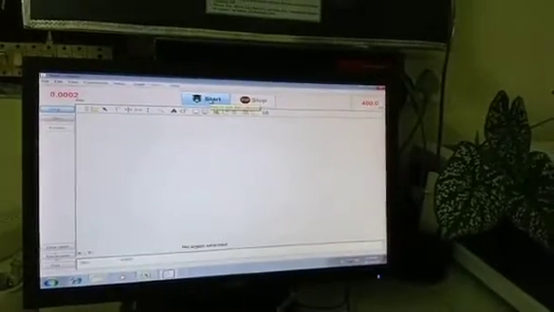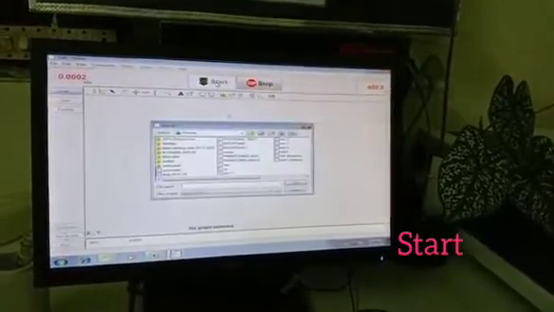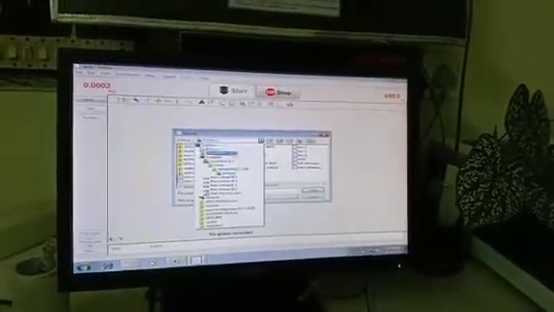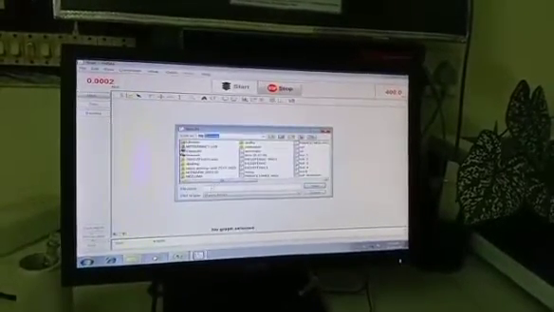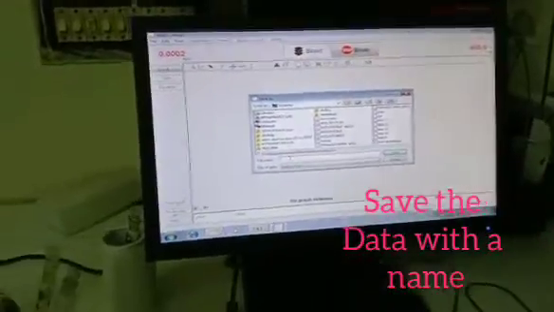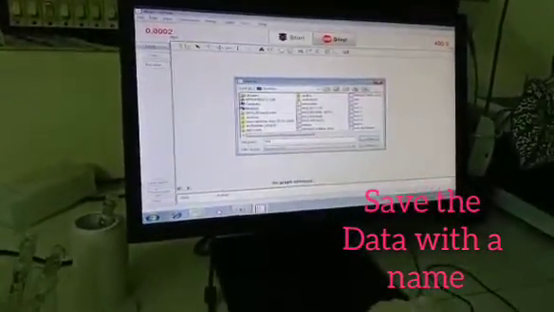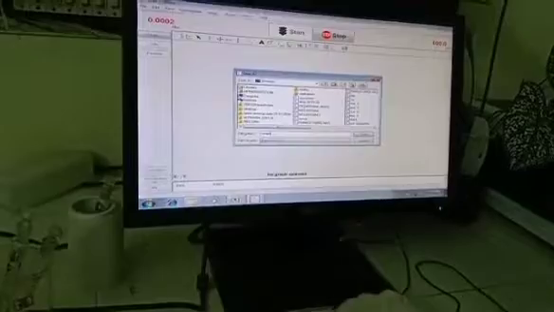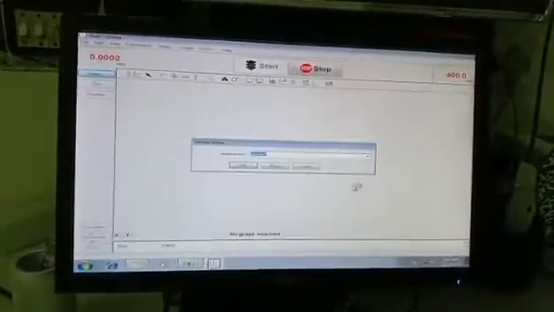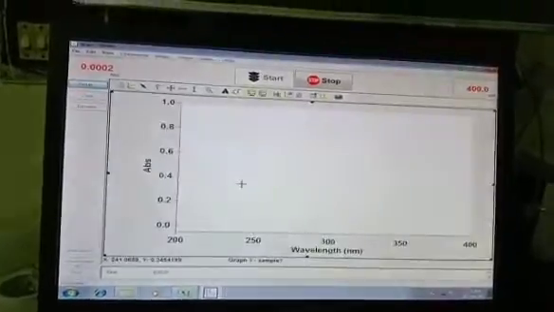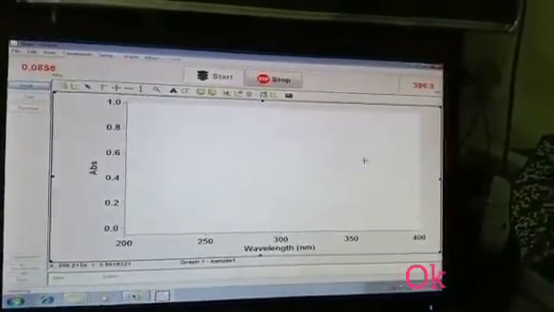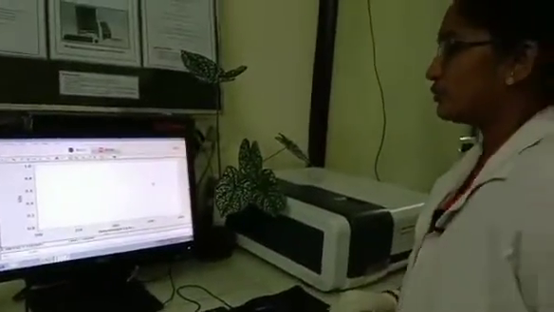Now I will click on start. Then on desktop I will give the name, and then save and OK. So drug 1, that is Ramipril, is getting scanned from around 200 to 400 nanometers.